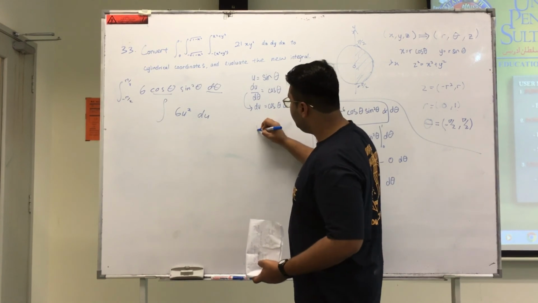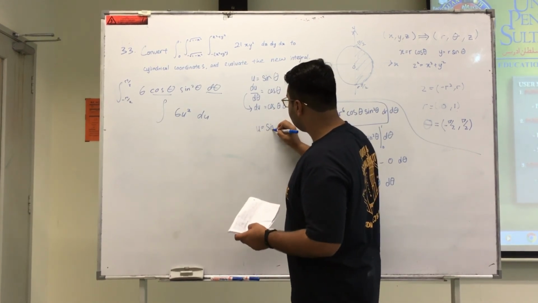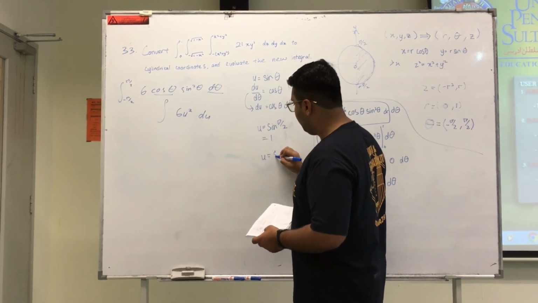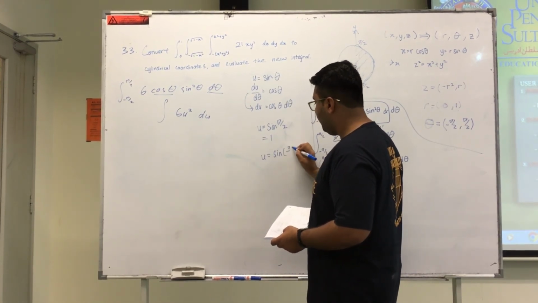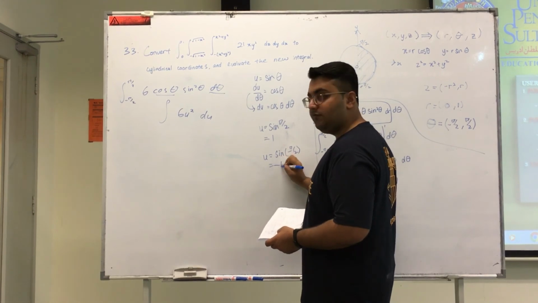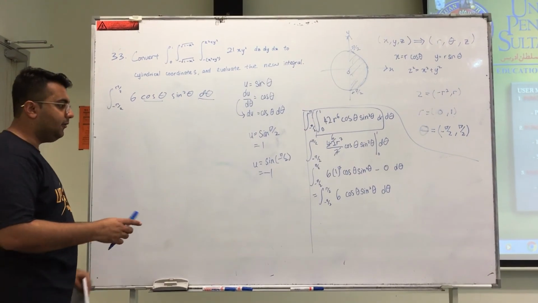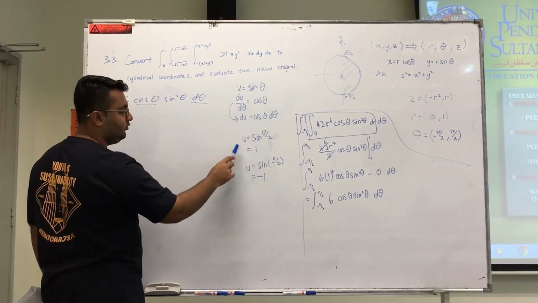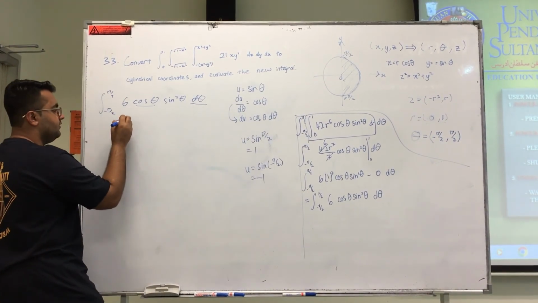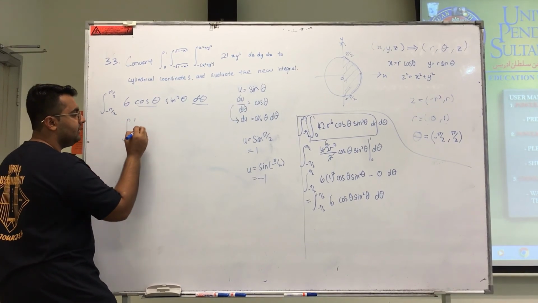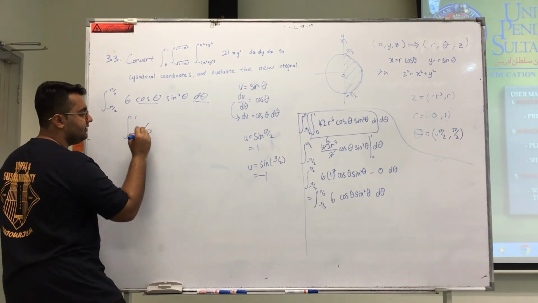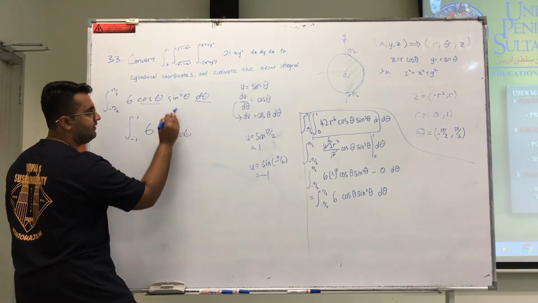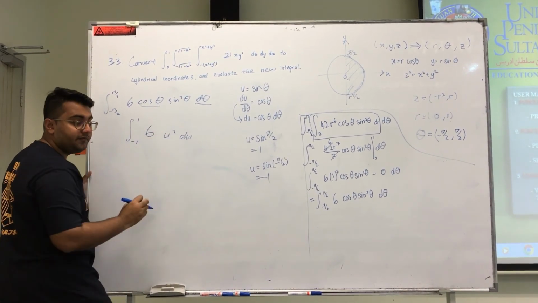So u, when we get sin pi over 2 is 1, and u when we substitute sin negative pi over 2 is negative 1. So now when we change theta to u, we got 1 and negative 1. This means the upper and lower limits had changed, and cos theta d theta is du, and sin square theta is u square.